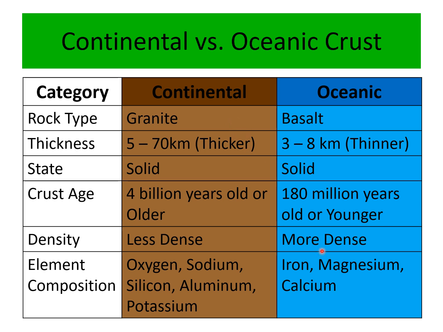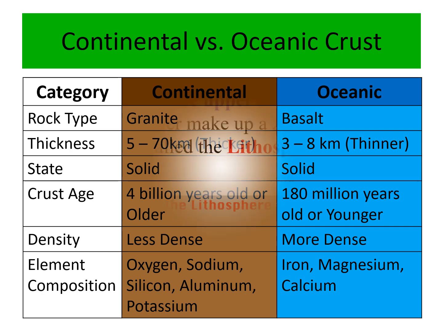And please take note that oceanic crust is denser than your continental crust. As well, they differ in the composition of elements. Here we have iron, magnesium, and calcium for oceanic crust, and then oxygen, sodium, silicon, aluminum, and potassium for your continental crust.